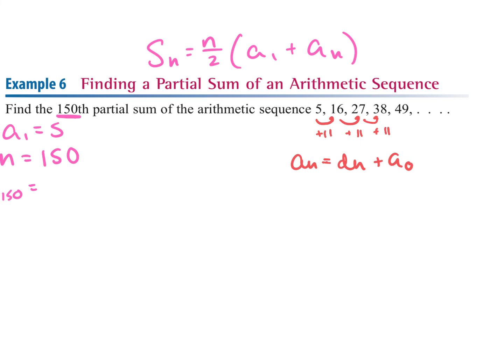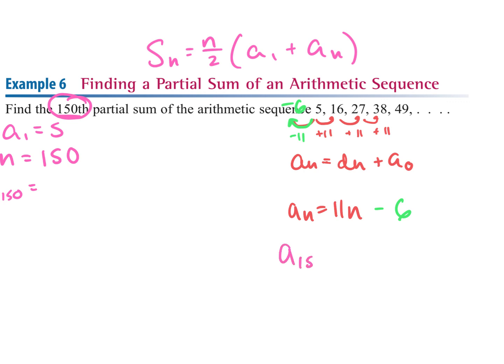How do I find what the 0th term is? Subtract 11 from 5. So since we're going backwards, we subtract 11. That would give us -6 for our a sub 0. So I have 11n minus 6. Then I plug in 150 because it's asking me to find the 150th term.